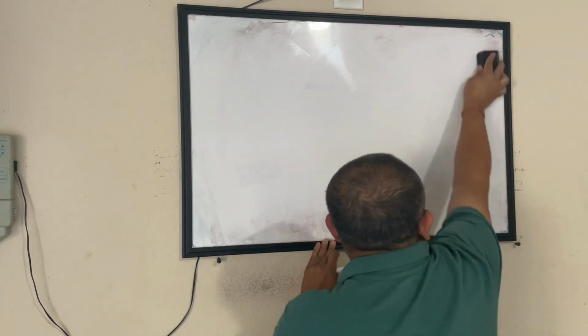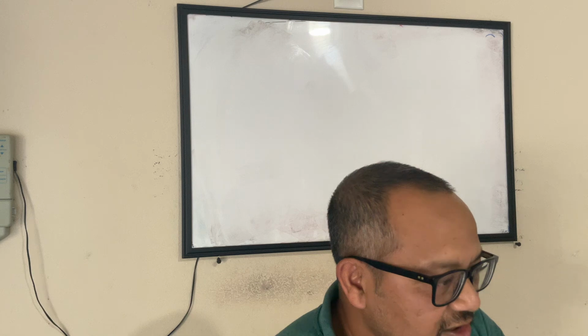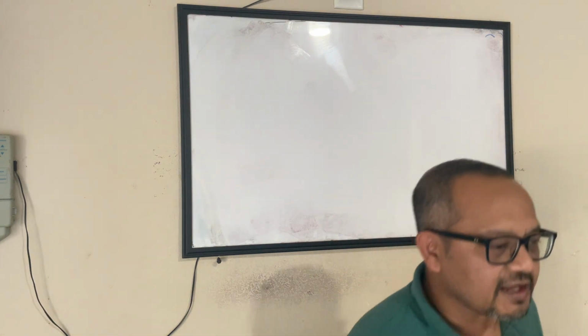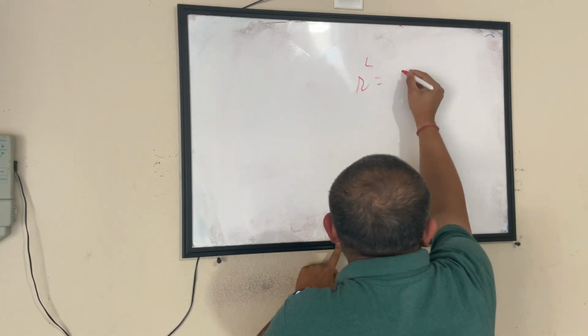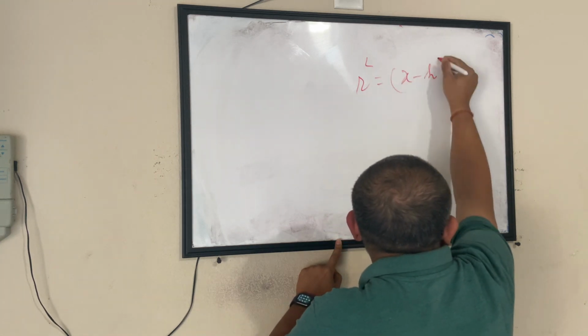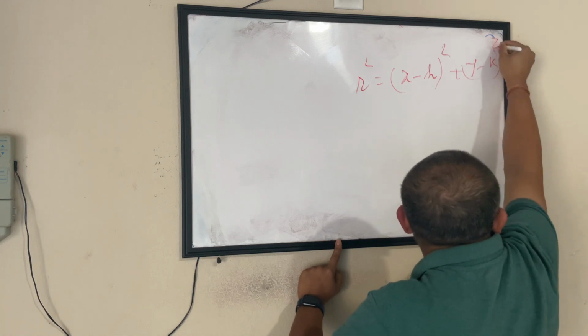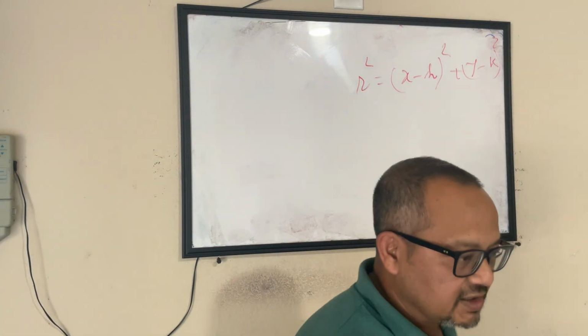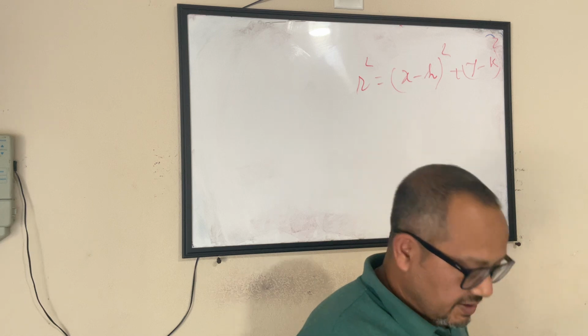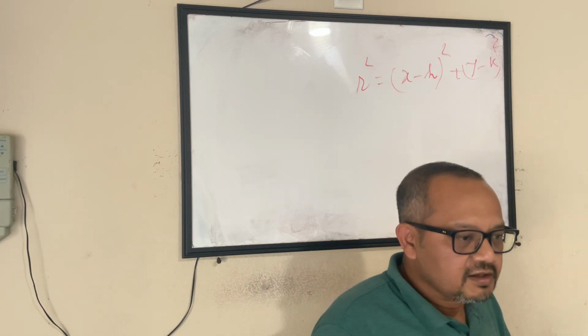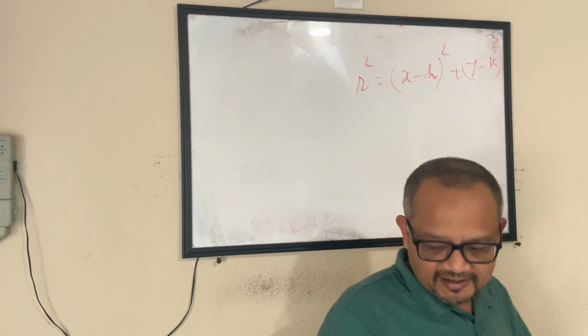Now, Ishwari gave us this answer: r squared equals (x minus h) squared plus (y minus k) squared. That's the right answer. But I don't want to start with that.